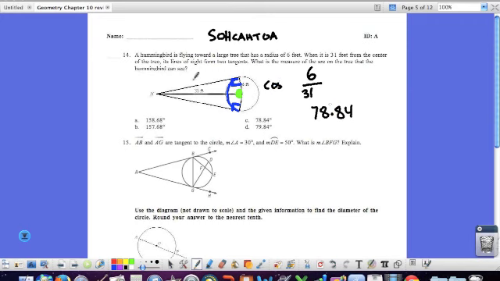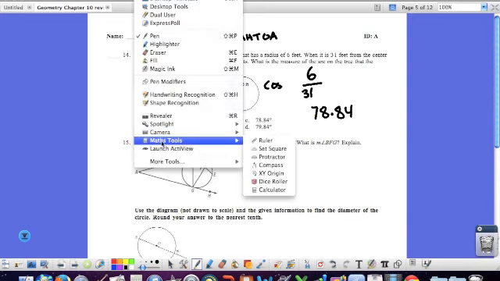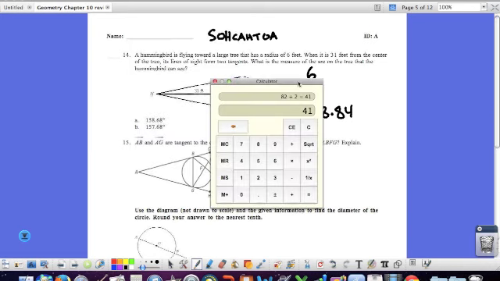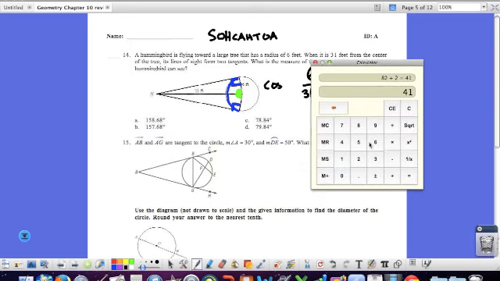If I have an angle that has a cosine of 6 divided by 31, that equates to an angle of 78.84 degrees. And then, since I have two of those right next to each other to make this total arc, 78.84 times 2 is 157.68.